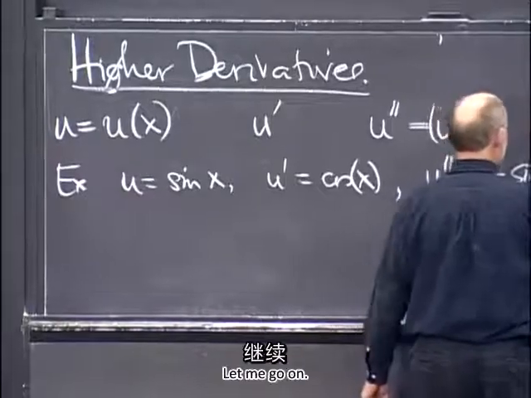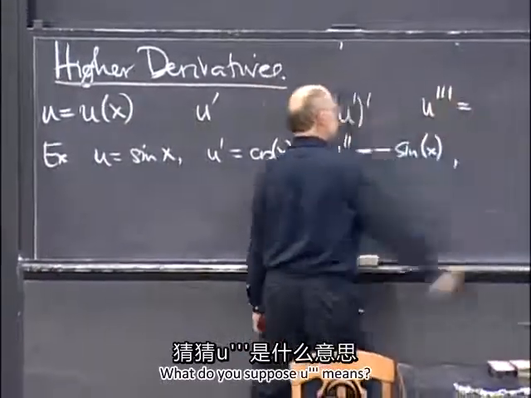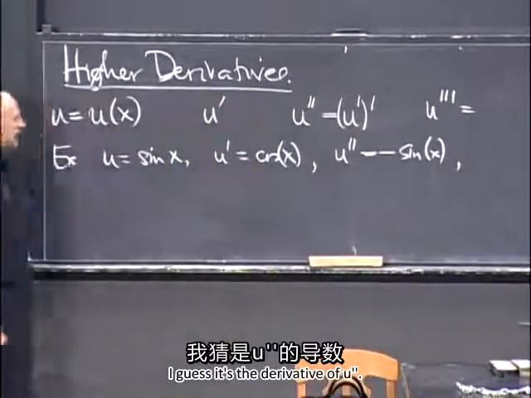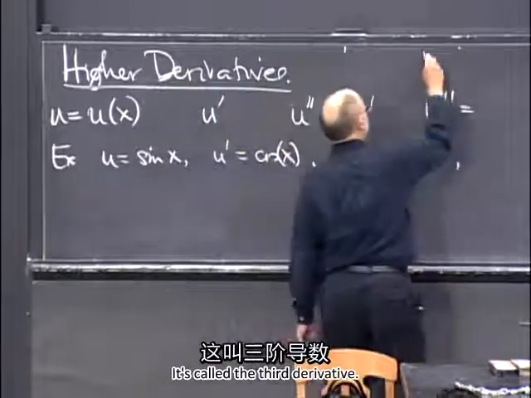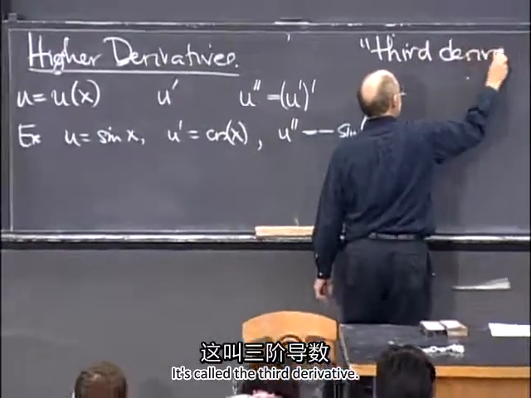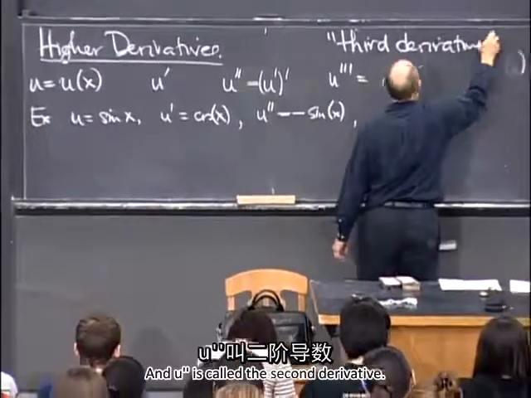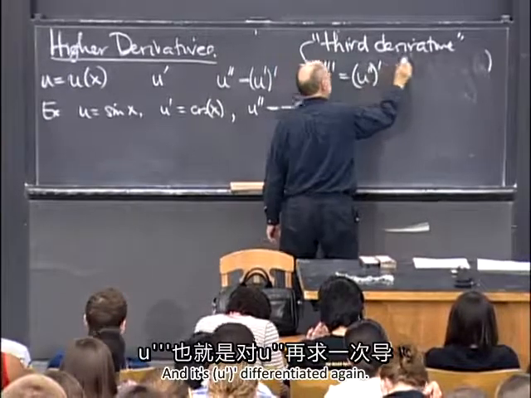Let me go on. What do you suppose u prime prime prime means? I guess it's the derivative of u prime prime. It's called the third derivative. And u prime prime is called the second derivative.